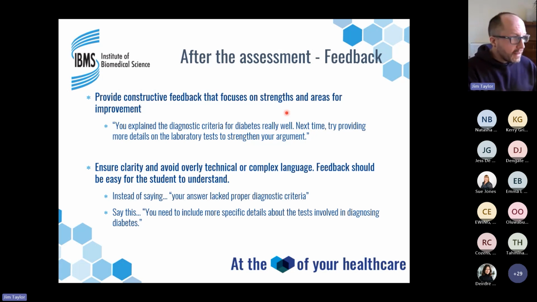Make sure that in that feedback, you are clear, you don't use technical or complex language, and that feedback is easy for the student to understand.